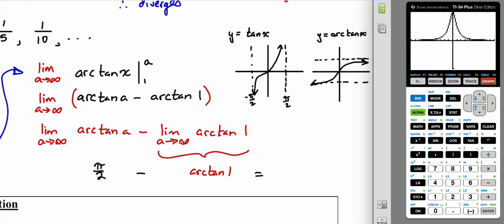For tangent, you're thinking fourth quadrant and first quadrant in the unit circle. For a positive 1, that has to be the first quadrant, because tangent is negative in the fourth quadrant. That happens at a 45-degree angle, which is pi over 4. So pi over 2 minus pi over 4 is going to be pi over 4.